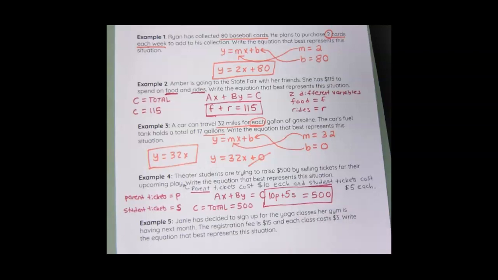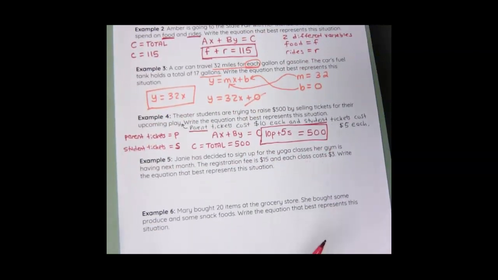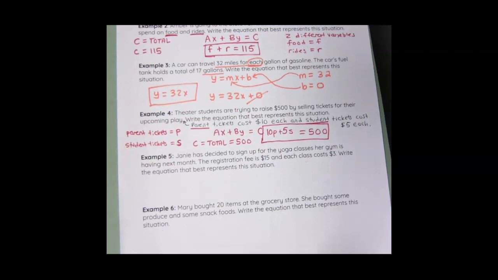Okay? Example 5. Janie has decided to sign up for the yoga classes her gym is having next month. The registration fee is $15 and each class costs $3. Okay? So again, how many variables are we dealing with here? Well, really we only have the yoga class, right?